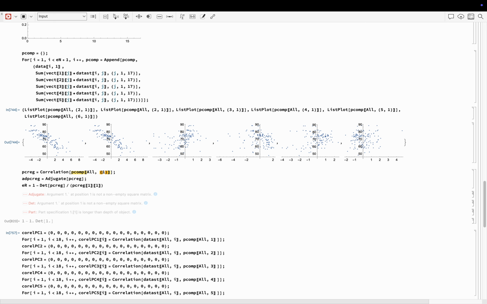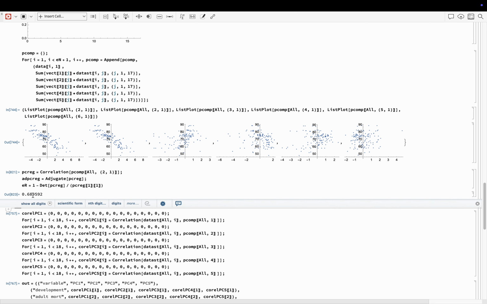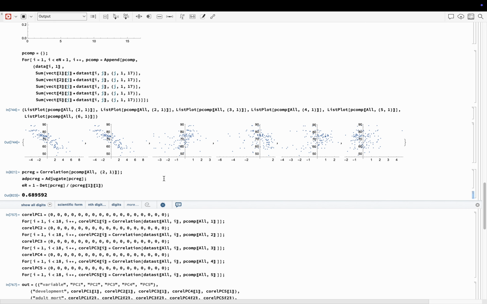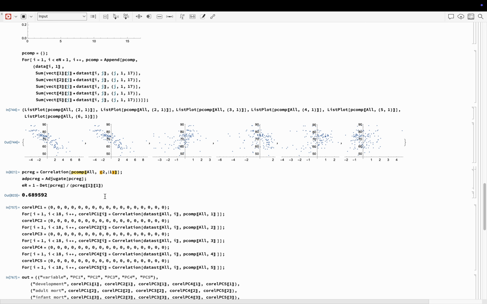Sorry, so this number that we got here is in fact R squared when we use only one principal component, the first one. Sorry, I mixed up a little bit earlier. And then we add the second principal component to the mix.